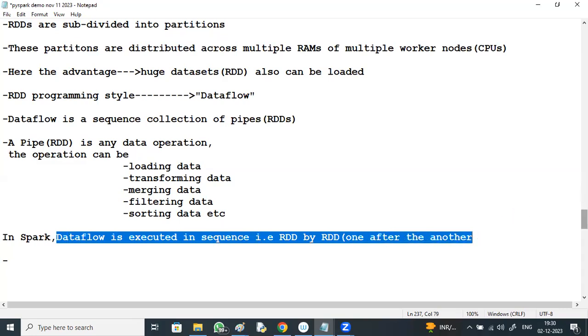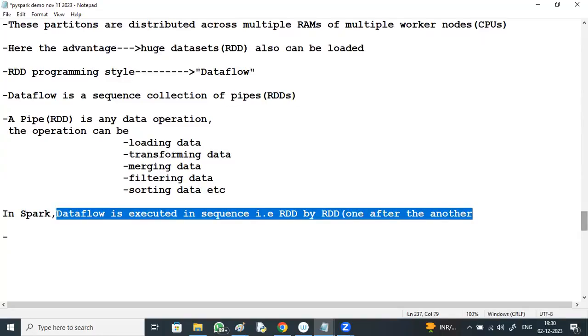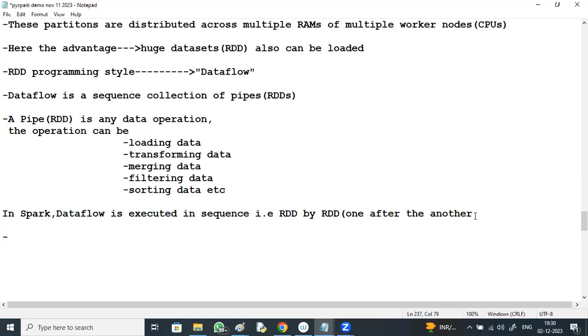I'll show you some examples, some flows now: how this data flows, how these Spark RDDs are computed. I'll just draw some diagrams and show you how these are computed. So data flow is executed in sequence, RDD by RDD, one after the other, because the output of one RDD will be the input to the next RDD.